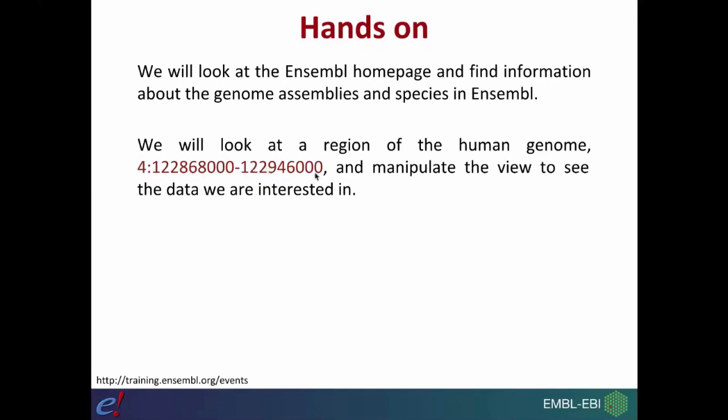We need to input our regions in Ensembl in exactly this format. Otherwise, it will not be recognized as a region, and Ensembl will be trying to read it as text, which obviously won't work. Okay, so let's keep that in mind.